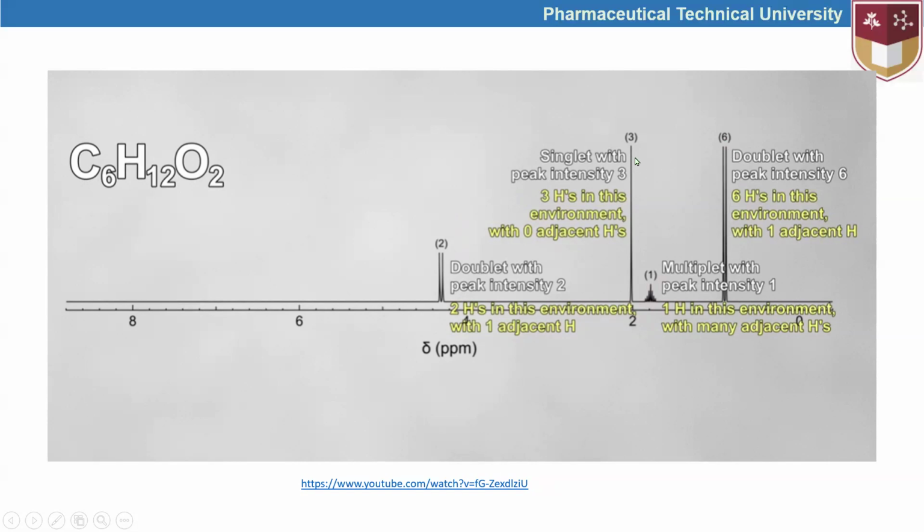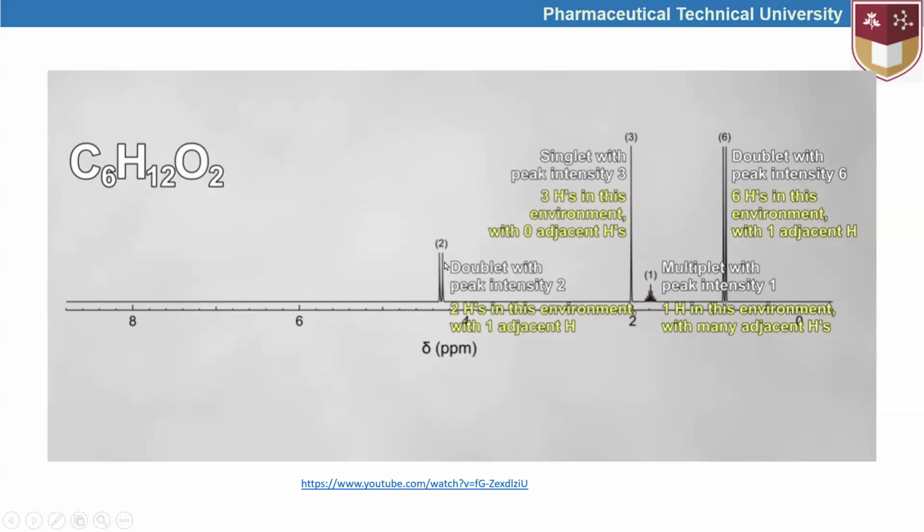Okay, what about this? It is singlet, and it has 3 hydrogens in this functional group, so it belongs to the methyl group. And what about this? It is a doublet with a peak intensity 2.